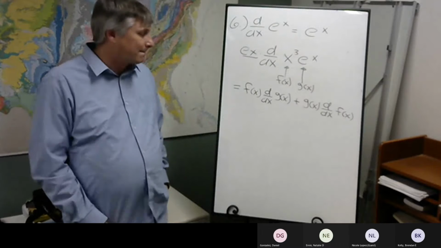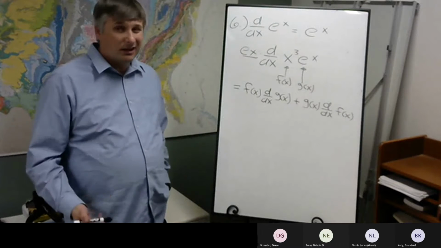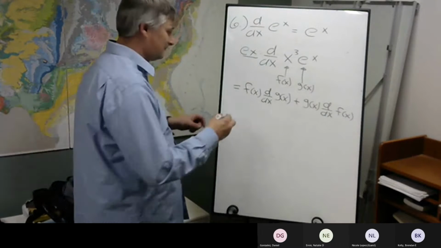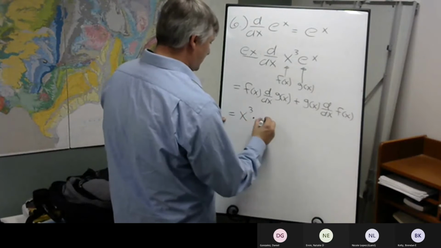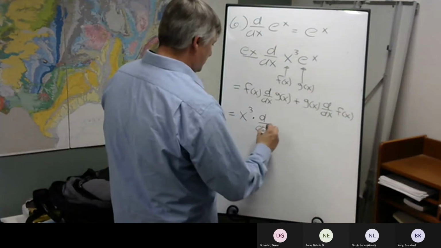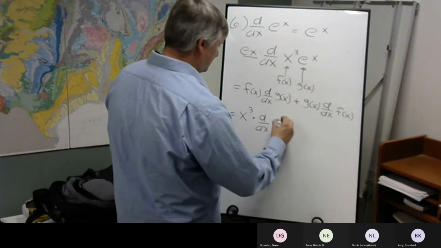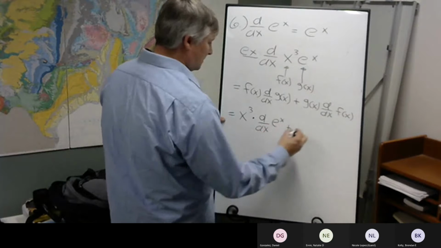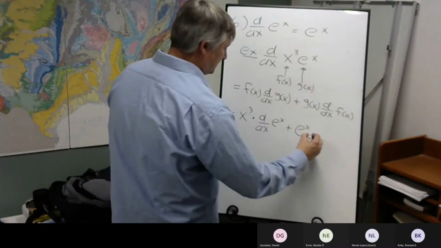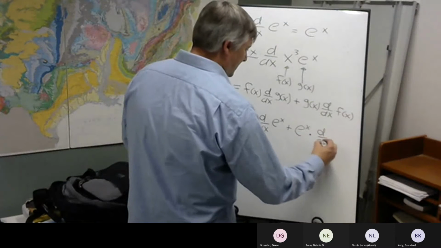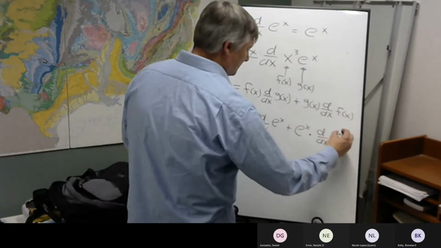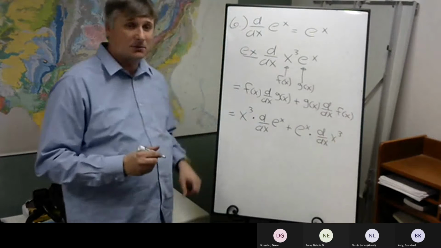So that's our product rule. So plugging things in, what we're going to get, x cubed times d dx e to the x plus e to the x times d dx x cubed.